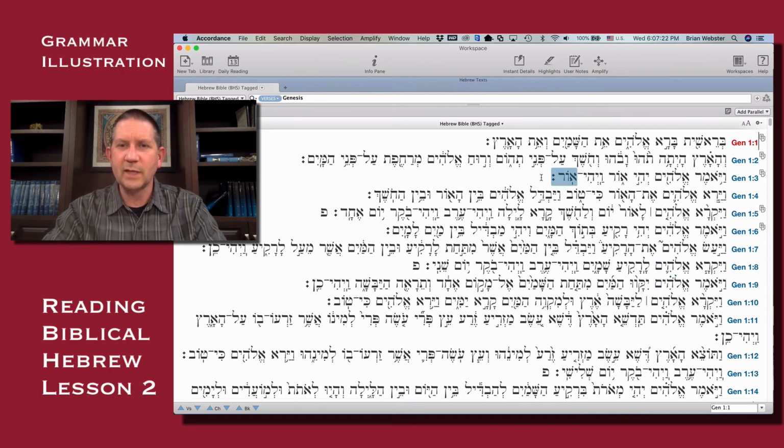Now the system has a lot more to do with prosodic elements, marking the rhythm of tone and stress in order to do a good public reading or even a chanting or singing of the text. That's not something that we cover in the textbook.